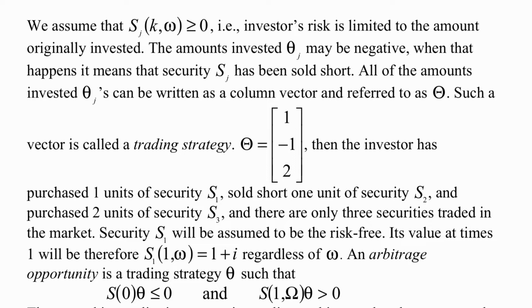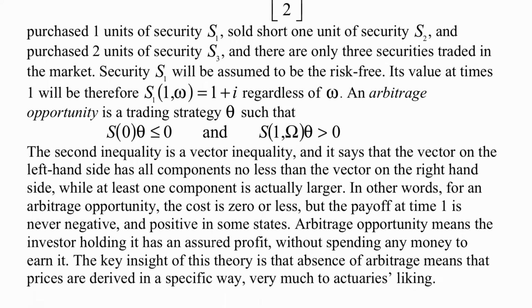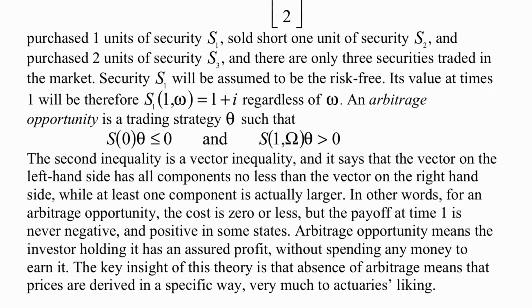And then S of 1 omega times theta at time 1 is greater than 0, but this is a vector inequality, and it says that the vector on the left-hand side has all components no less than the vector on the right-hand side, while at least one component is actually larger.